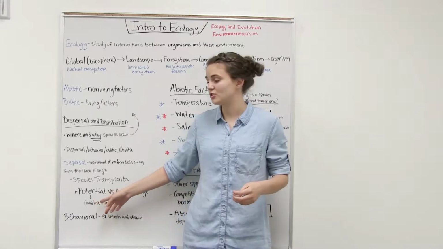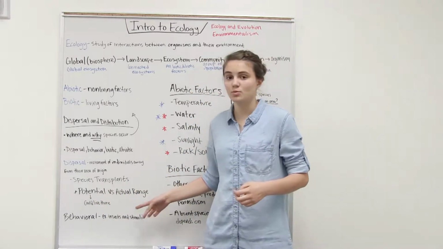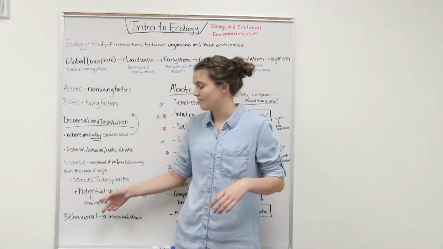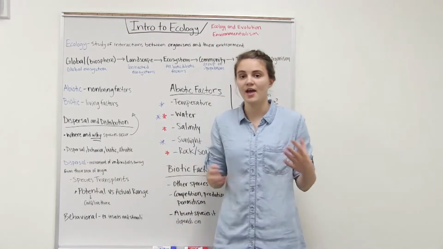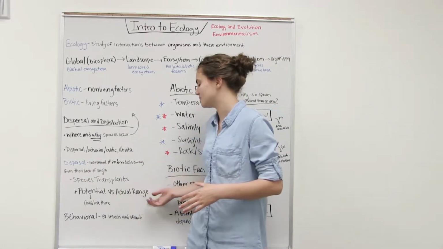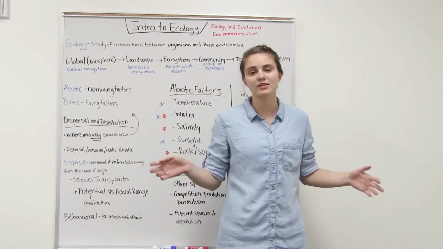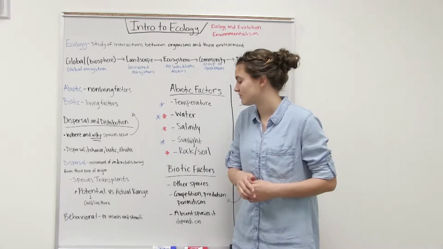Potential range is the area in which species or individuals could live. The actual range is where they're actually currently living. And so if they could actually live there but aren't living there because of this dispersal barrier, then we have differences between these. So that's dispersal, but sometimes it's more than dispersal. There's other things that are keeping species from living in certain areas.